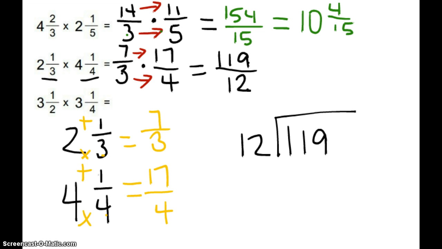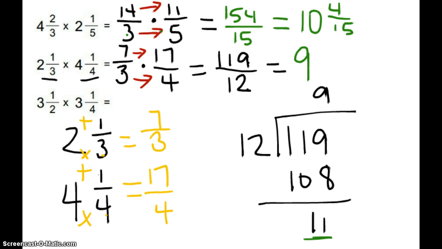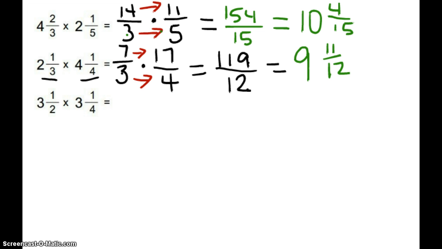And 12 goes into 119 9 times. 9 times 12 is 108, and when we subtract, we get 11. So we have 9 and 11/12 remaining.